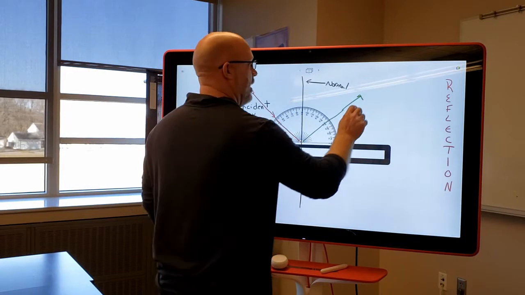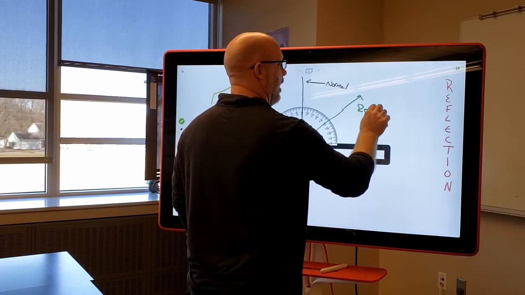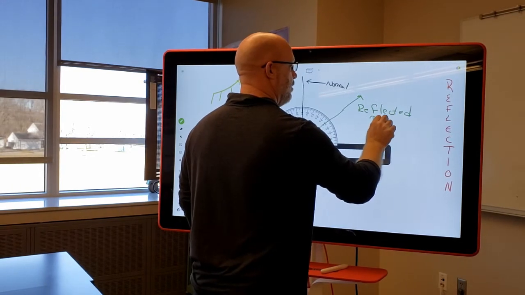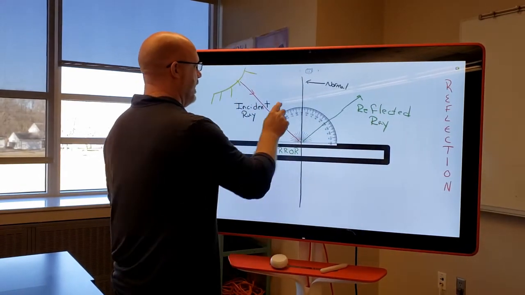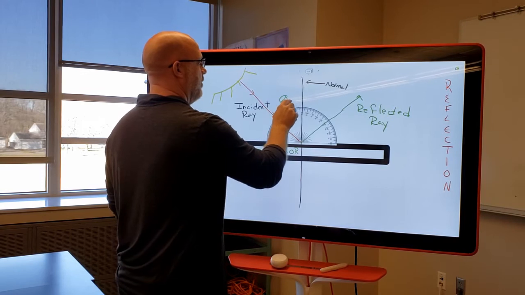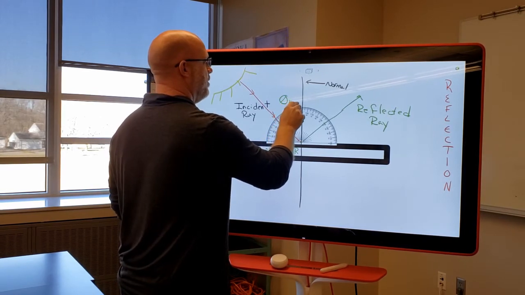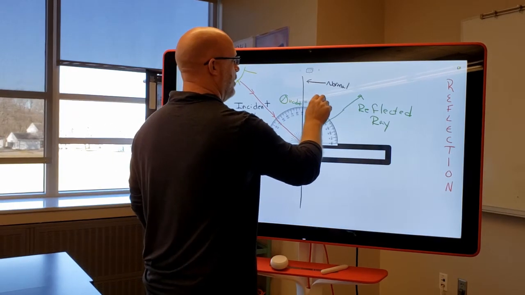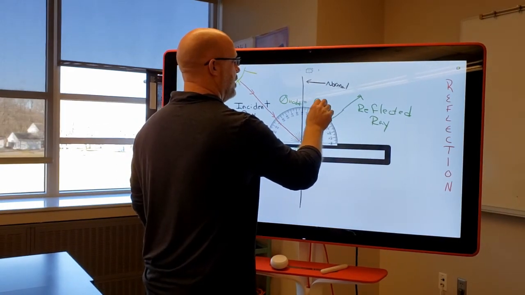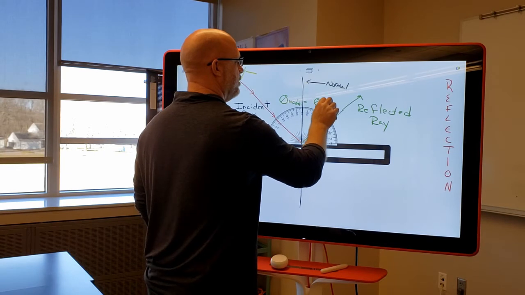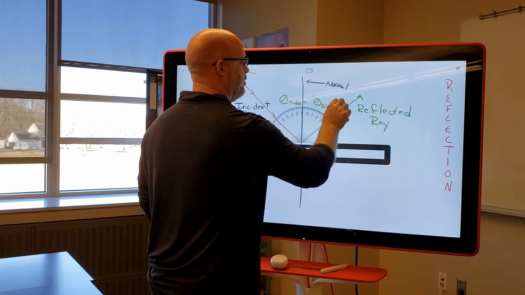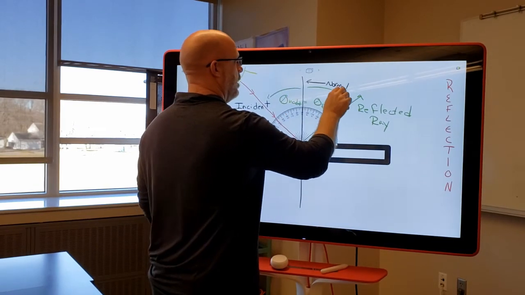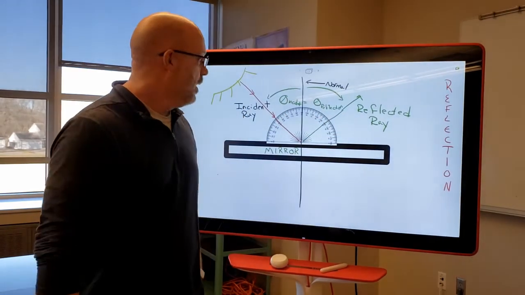This, by the way, is called the reflected ray. And the angle of incidence is equal to the angle of reflection. And we measure those angles from the normal.